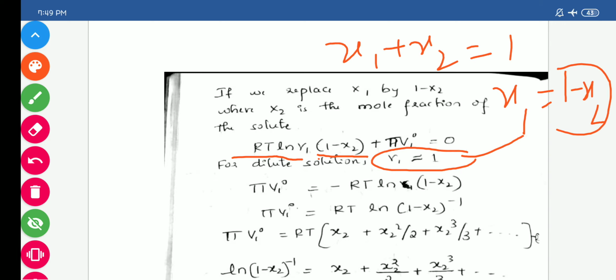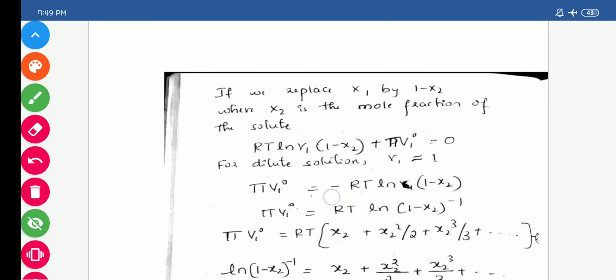I move the pi v1 expression to the right-hand side and keep the other in the left-hand side. Pi v1 naught is equal to minus RT ln 1 minus x2, so there is a minus sign.